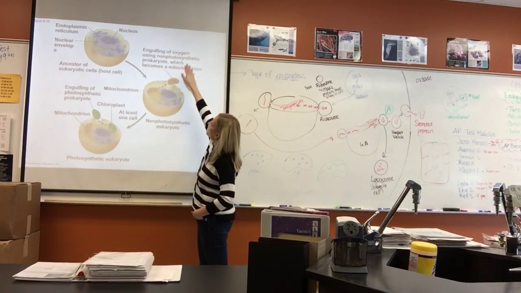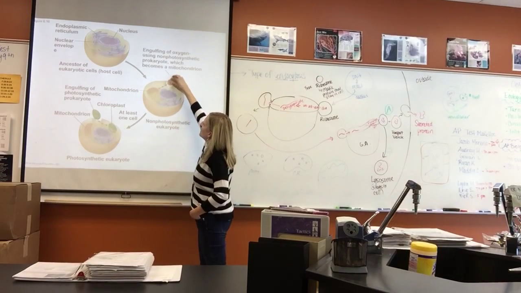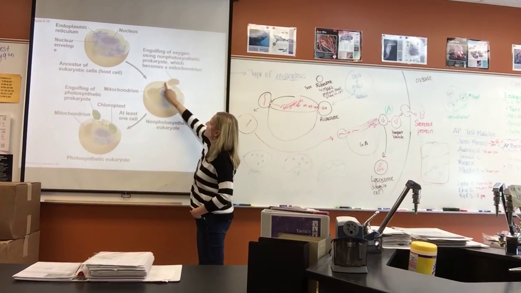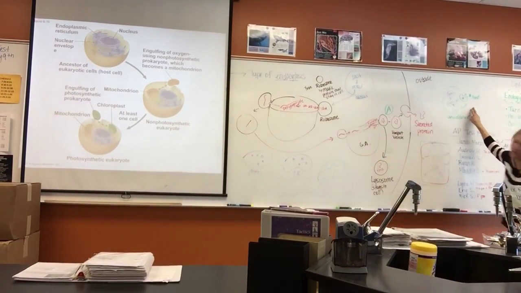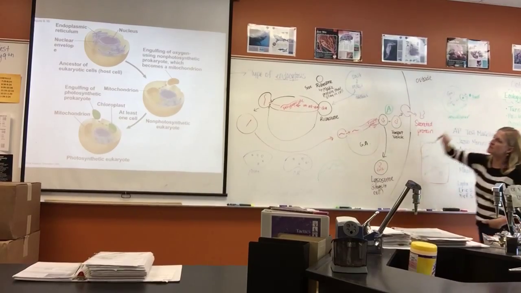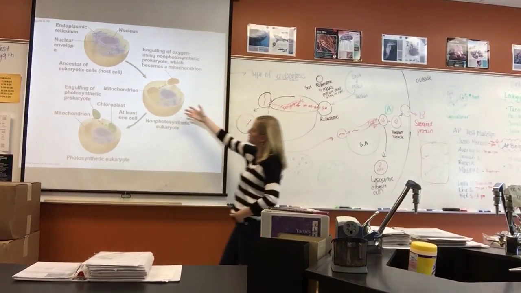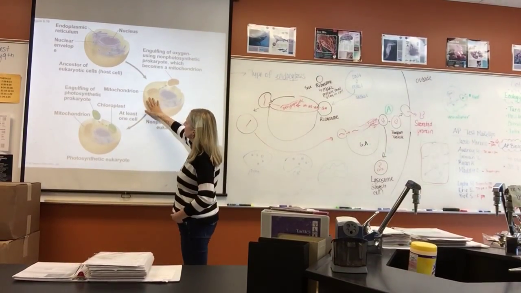So when it says engulfing of the oxygen-using non-photosynthetic prokaryote, that's what eventually we're going to call a mitochondria. So it engulfs it. See the indenting of the membrane? It's kind of engulfing it the same way that the food vacuole worked, all right? And then it became a mitochondria and stayed and was helpful for the cell.